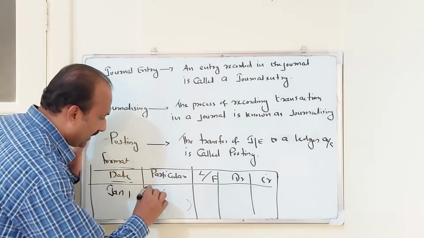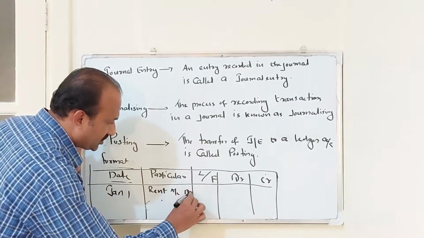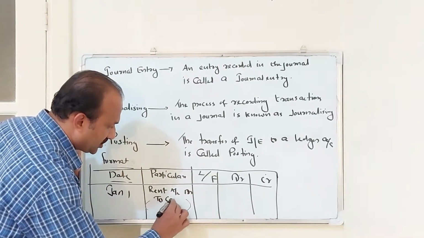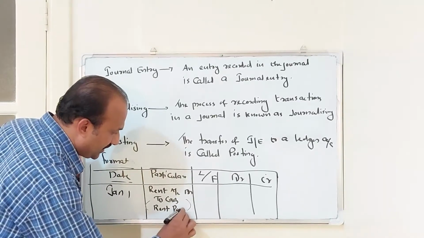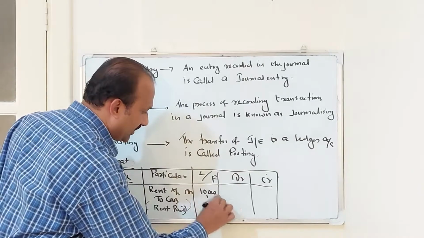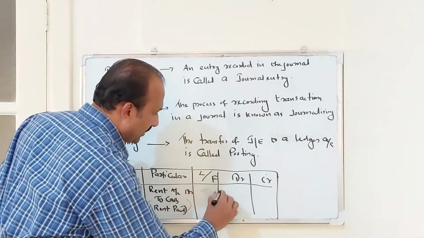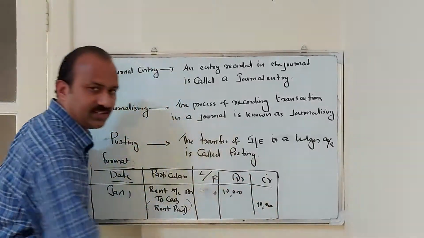For example, rent account is debited, cash you paid. We can give the explanation, being rent paid. You paid 10,000, therefore 10,000 here and 10,000 here, in debit and credit.